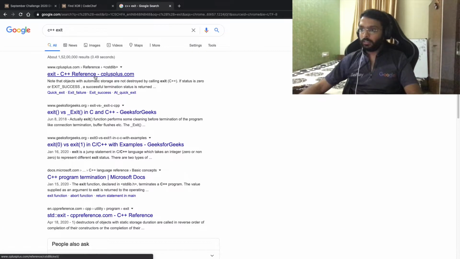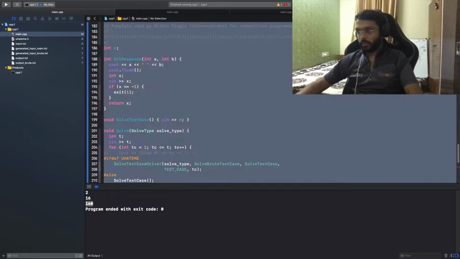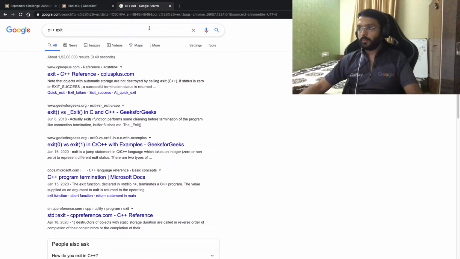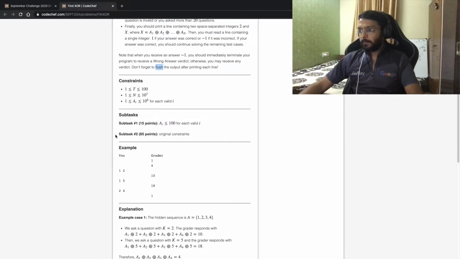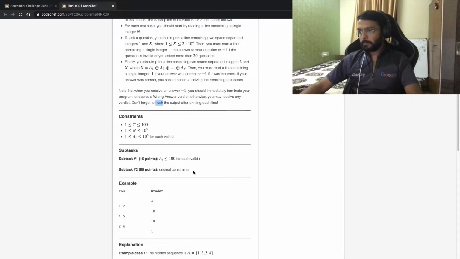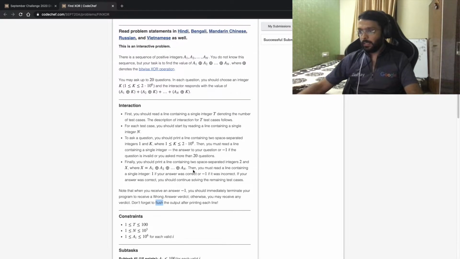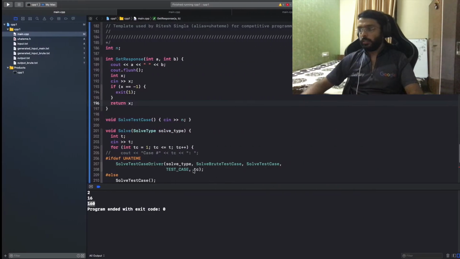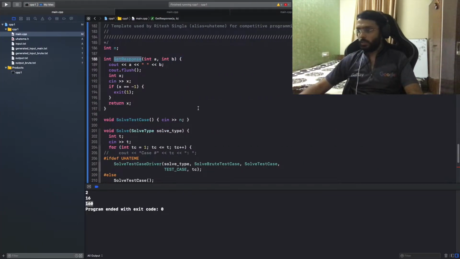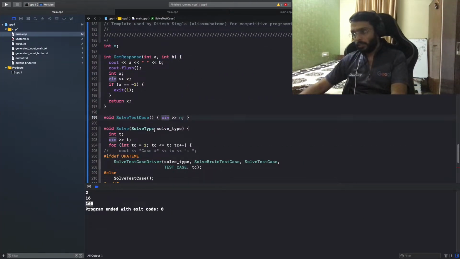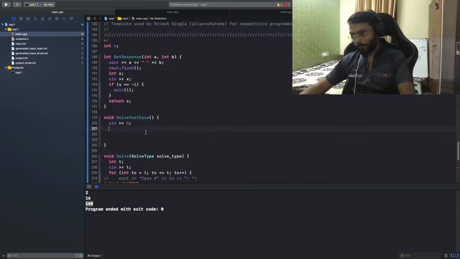What, is exit not supported anymore? Okay, with a condition, so exit 1. Okay, this should be good enough for getting the responses. So let's focus on the actual solution now.